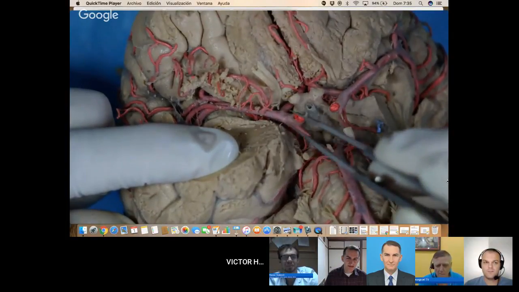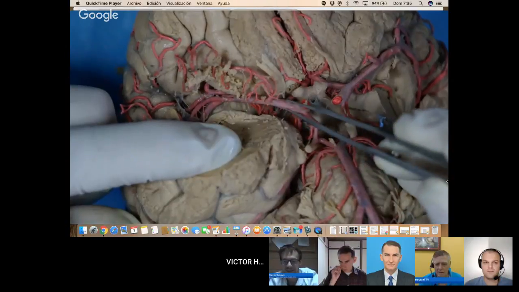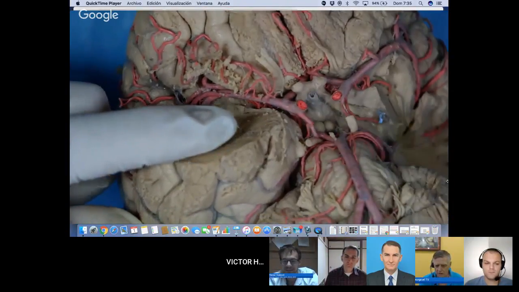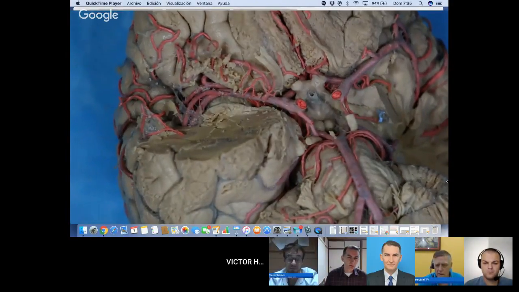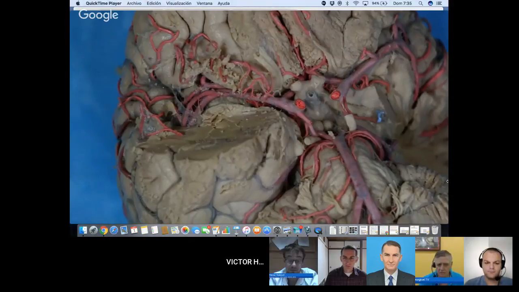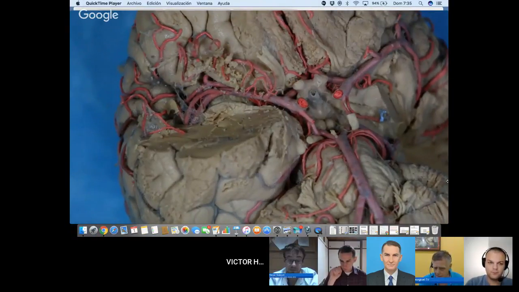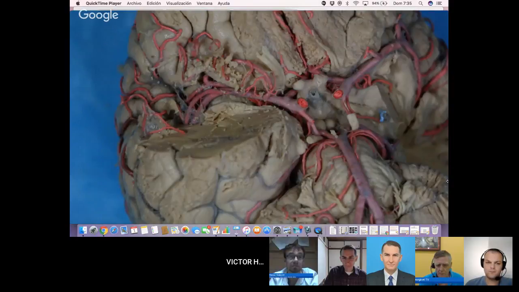Now, Victor, most neurosurgical residents don't have access to dissections like this, do they? Yes, of course, I know. In Mexico, also, there is no access to this kind of dissection.